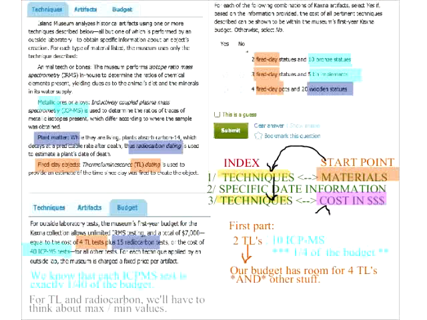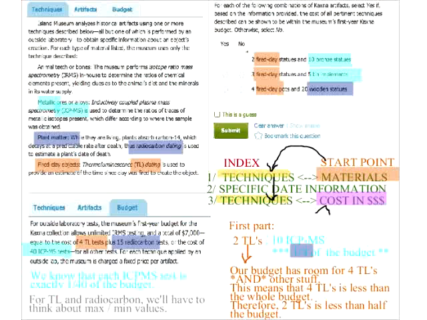So this means that 4 TLs is less than the whole budget. Therefore, 2 TLs is less than half the budget. So what we have is a total of exactly 1/4 of the budget and then less than half of it. So can we afford this? Yes, we can, because you're dealing with less than 3/4 of the budget.